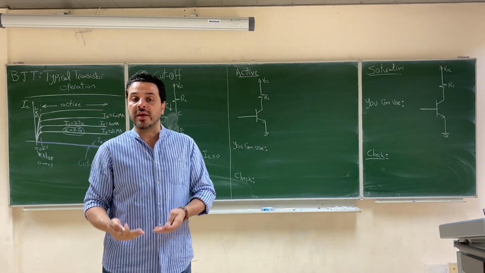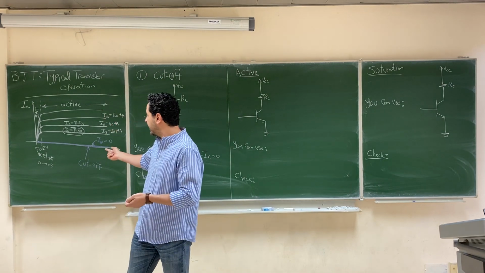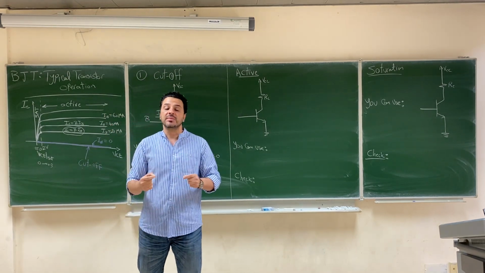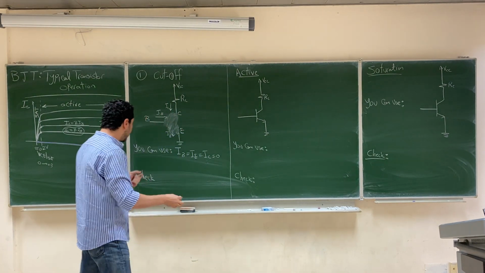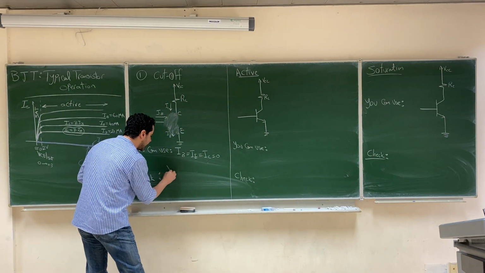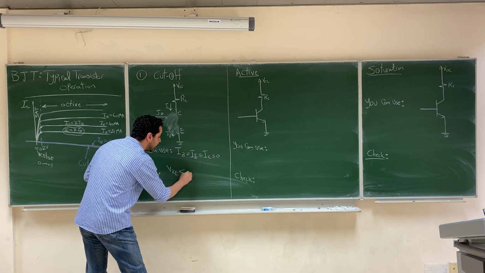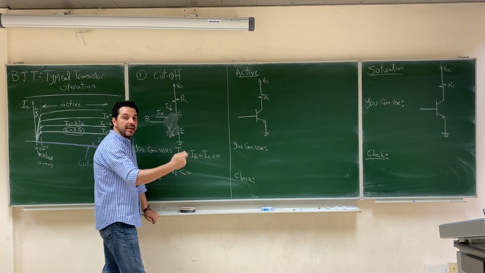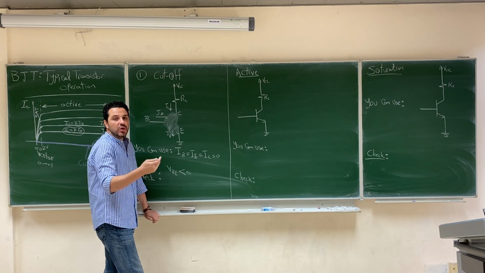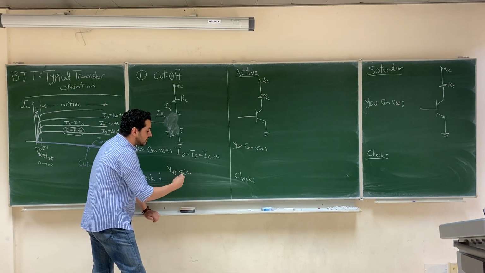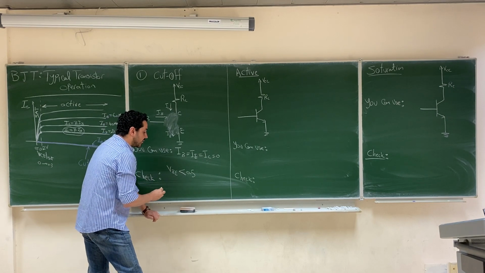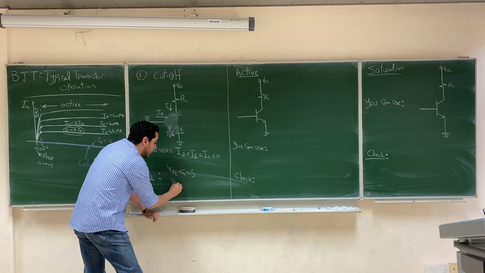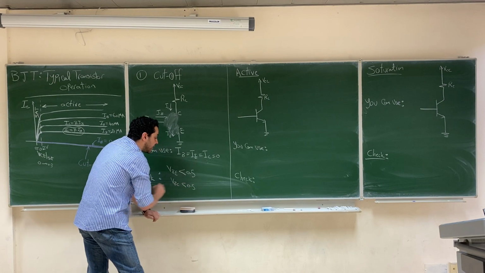In order to be working in the cutoff region, as we said a few minutes ago, both junctions must be reverse biased. So the base emitter junction must be reverse biased, which means that VBE must be less than the operating voltage of the junction, which we usually assume is 0.5 volt. So VBE must be less than 0.5 volt, and also VBC must be less than 0.5 volt.